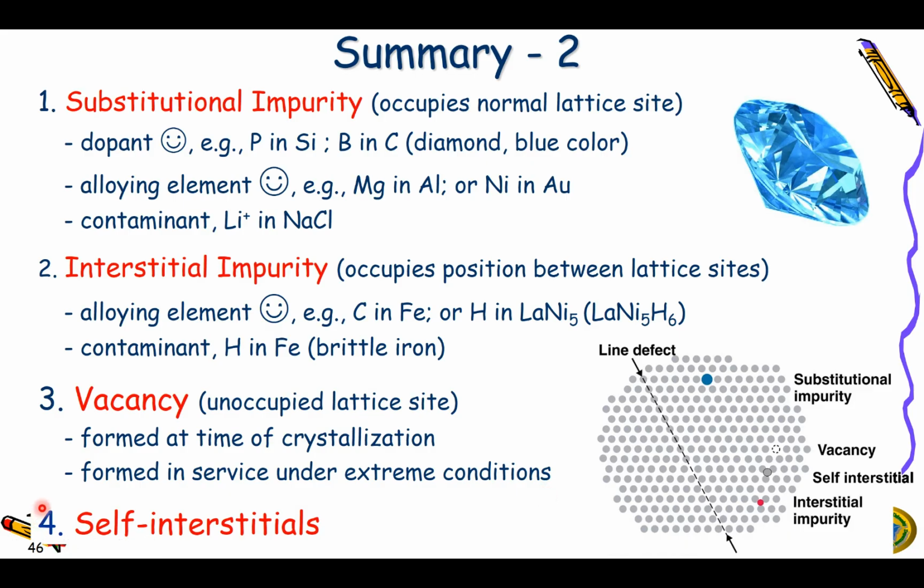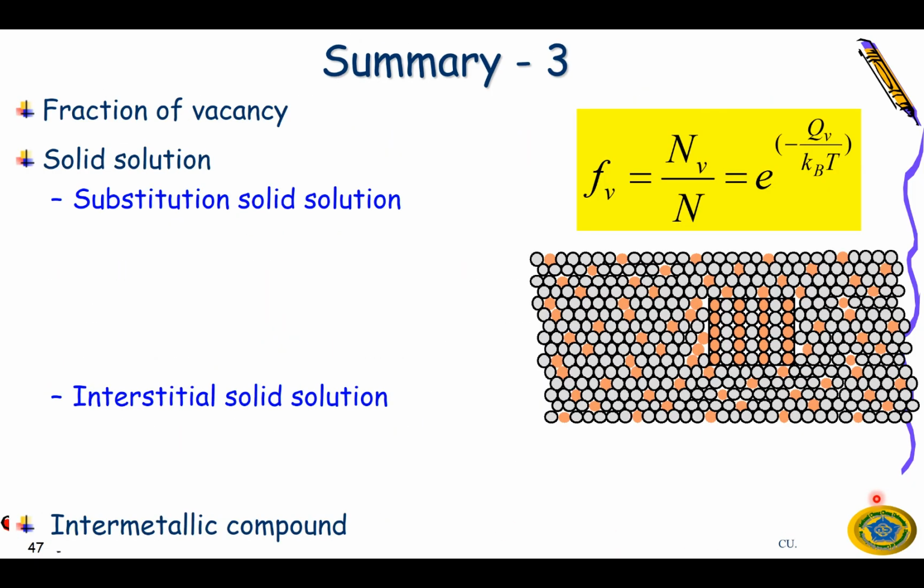And we already know the self-interstitial, right? Finally, the important thing is the fraction of vacancies. You need to know how to get the activation energy, right? And how to get the fraction of vacancies.